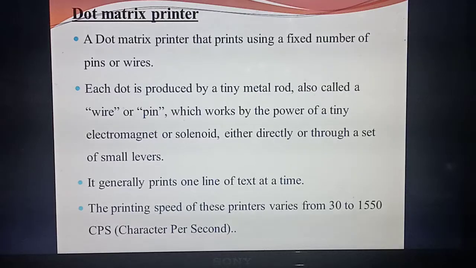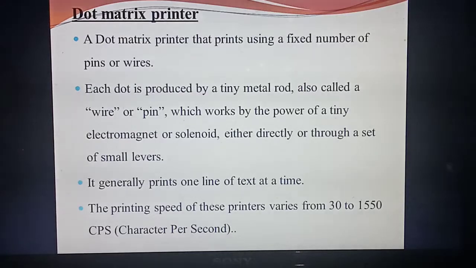So understood what points you are studying in the dot matrix printer? This dot matrix printer prints using a fixed number of pins or wires. Each dot is produced by a small tiny metal rod called a wire or pin. This tiny metal rod is connected to a small electromagnet or solenoid, which is connected to a small set of levers.